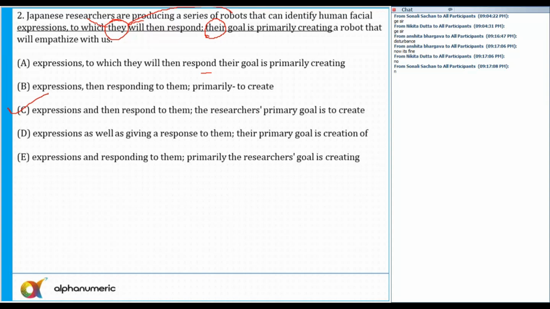The researchers' primary goal. Now, whose goal is this? We know for certain it is the researchers. The researchers' primary goal is to create a robot that will empathize with us. Absolutely all right. C should be the answer for question number 2.